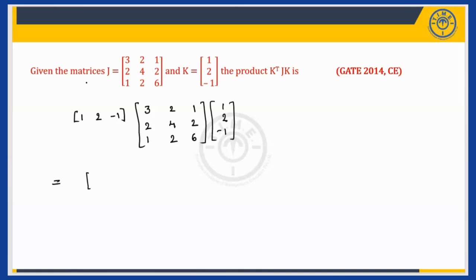That is 3 plus 4, 7 minus 1, 6. 2 plus 8, 10 minus 2, that is 8. 5 minus 6, that is negative 1. And that is 1, 2, negative 1. And the value is 6 plus 16 plus 1, which is 23.